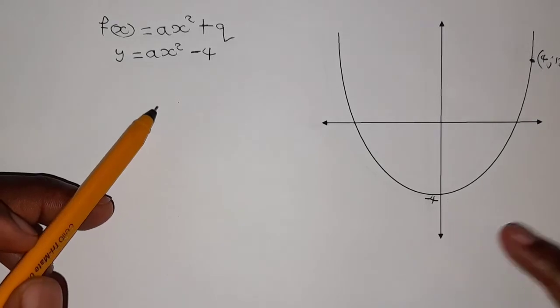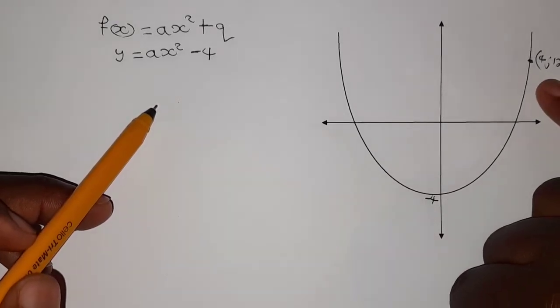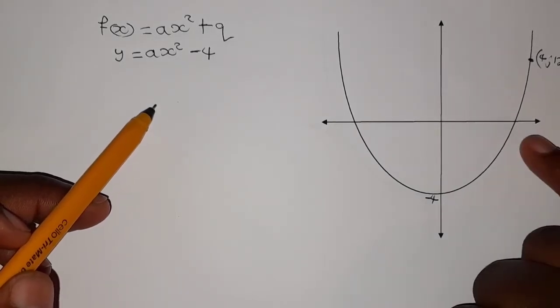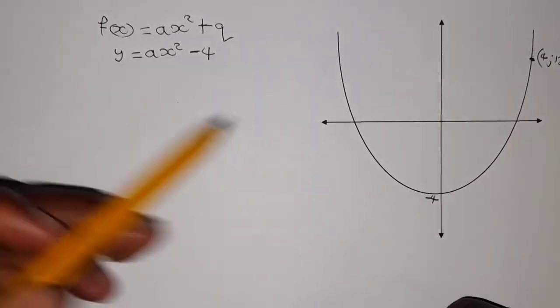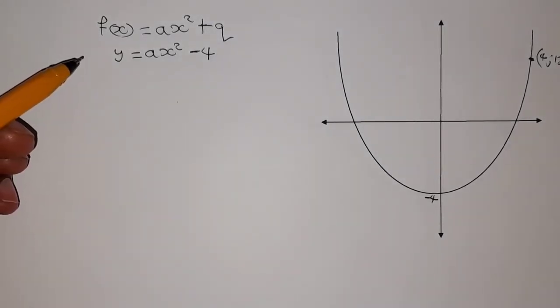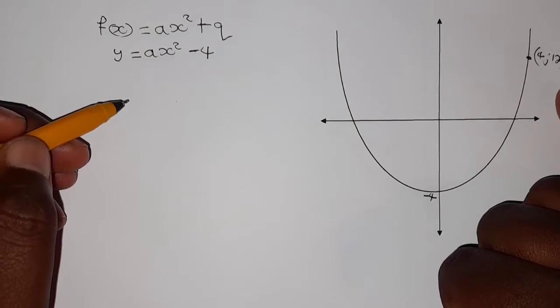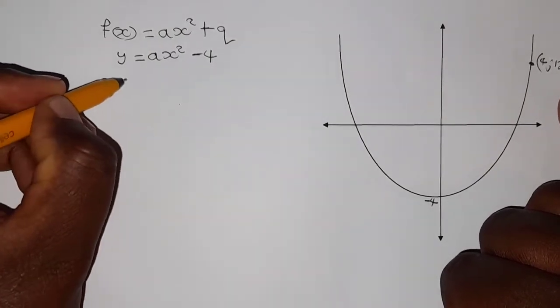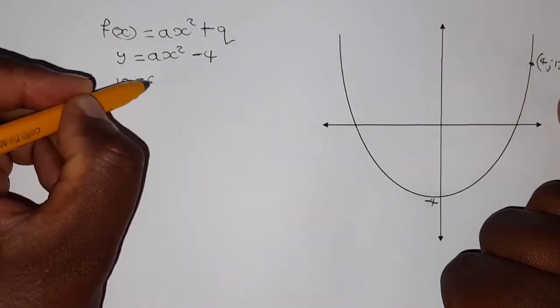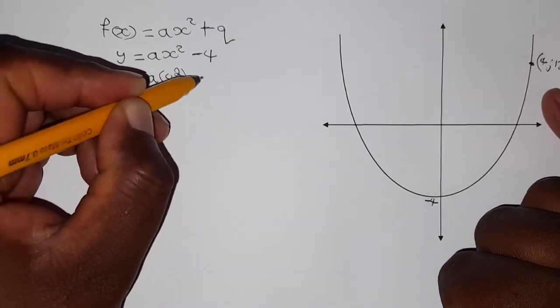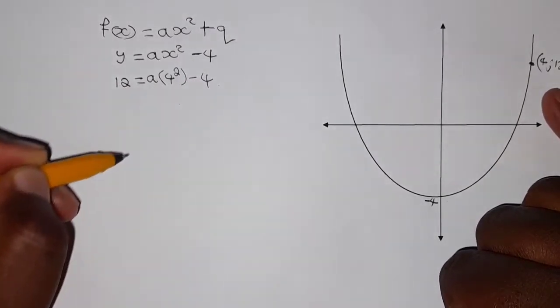After that, we need to determine the value of a. To determine the value of a, we make use of the given coordinate. Sometimes you are not given a coordinate, sometimes you're just given the intercepts. So you use whichever point you are given. Our x is 4 and our y is 12, so 12 is equal to a bracket 4 squared minus 4.